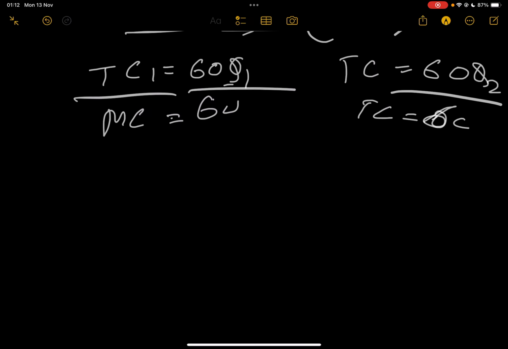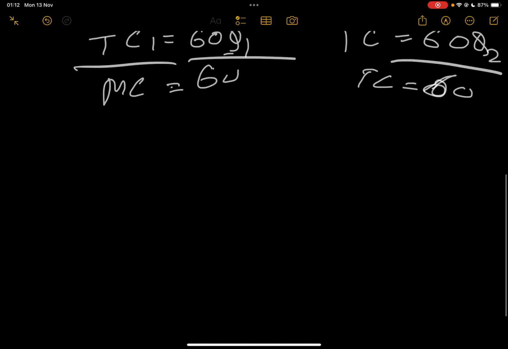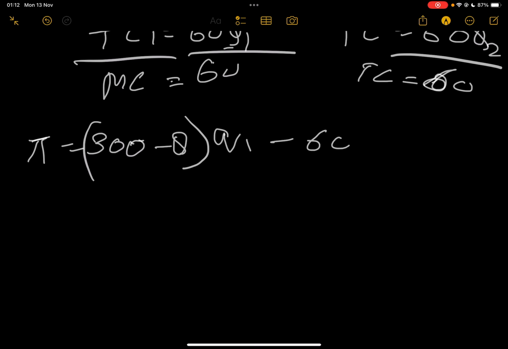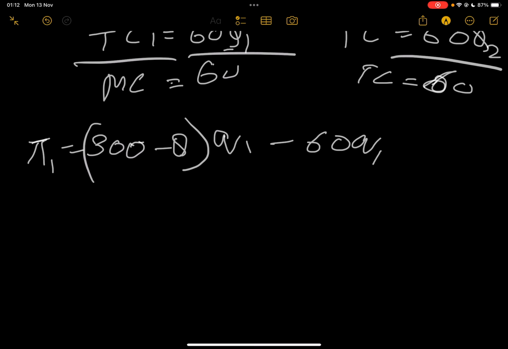Now here is given a profit of firm 1. This is our price, 300 minus Q, into Q1 minus 60Q1. Here we are denoting the profit for firm 1.